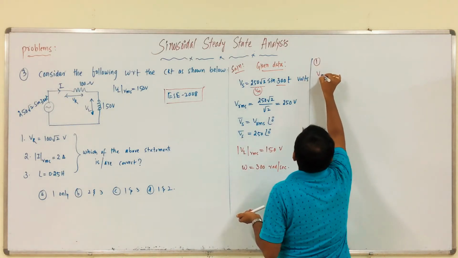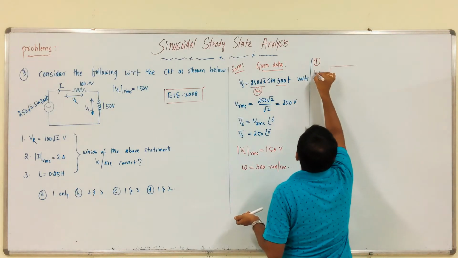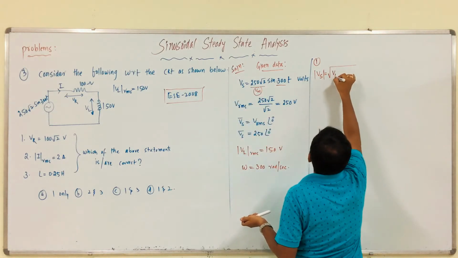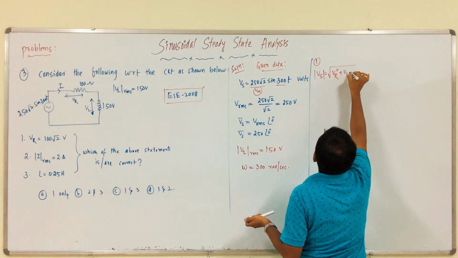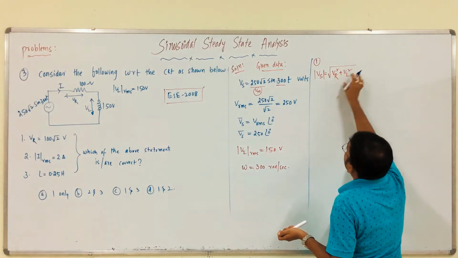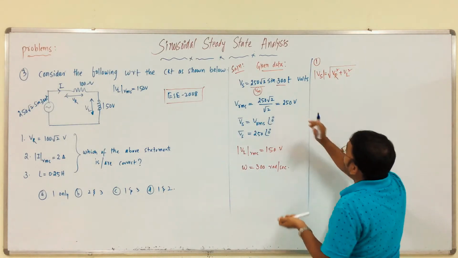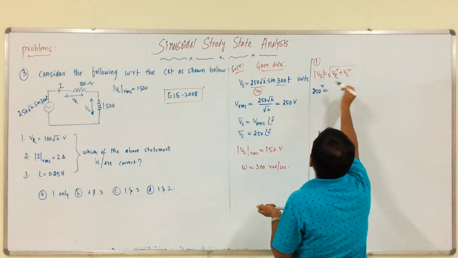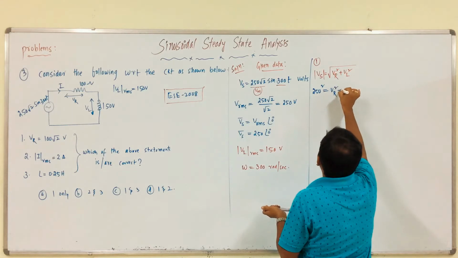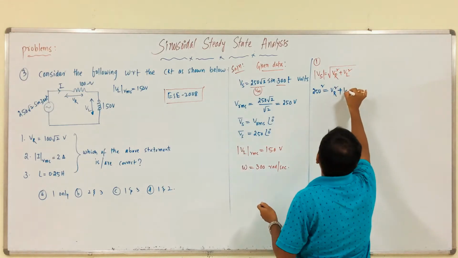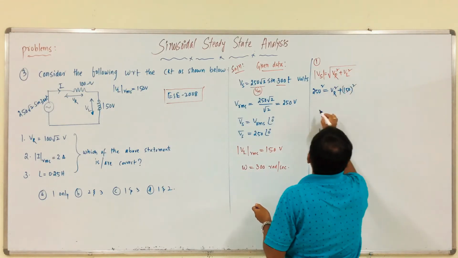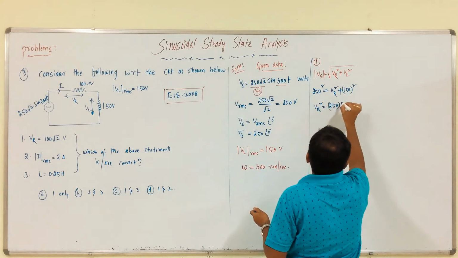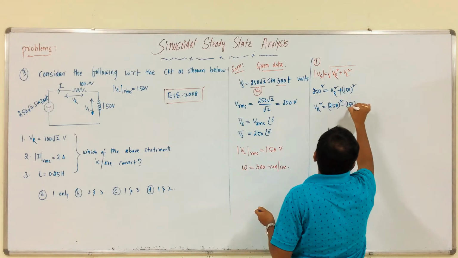We all know that mod Vs, for a series RL circuit, is given by Vr square plus VL square. He provided VL, and Vs is 250. So 250 whole square equals Vr square, which we do not know, plus VL square, that is 150 whole square. From this, Vr square is 250 whole square minus 150 whole square.